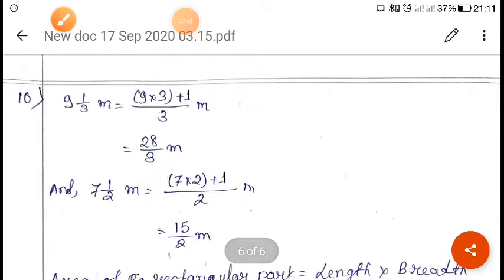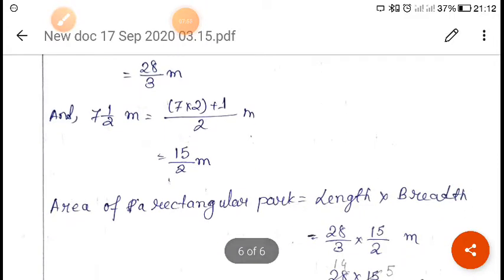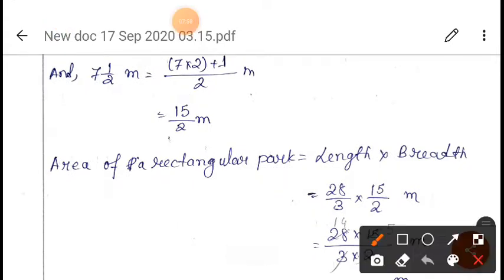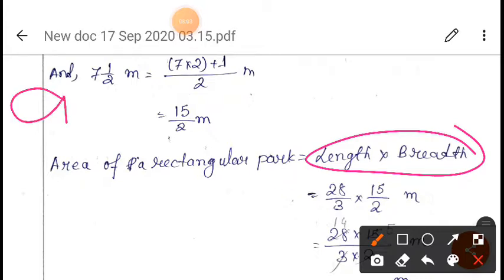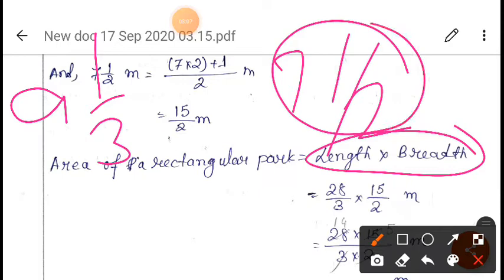Okay, now next is find the area of a rectangular park which is 9 1 by 3 meters long, and length and breadth are given. Okay, we have to find the area of the rectangle. So we know that area of rectangle is length into breadth, right? So length is given here, 9 1 by 3, and breadth is 7 1 by 2. So we will solve this.